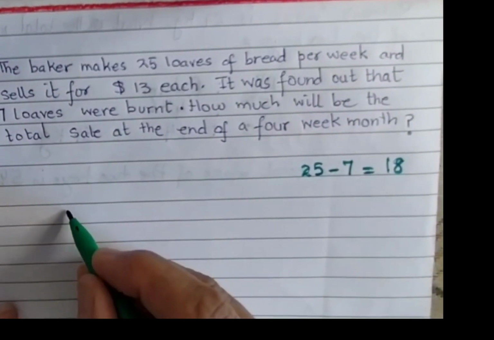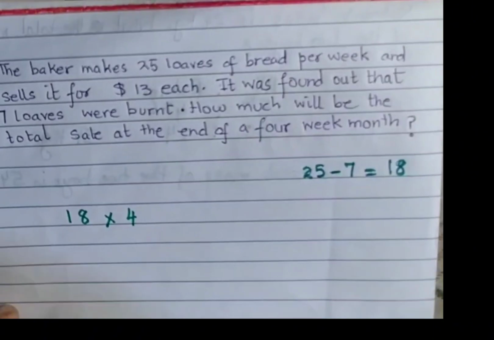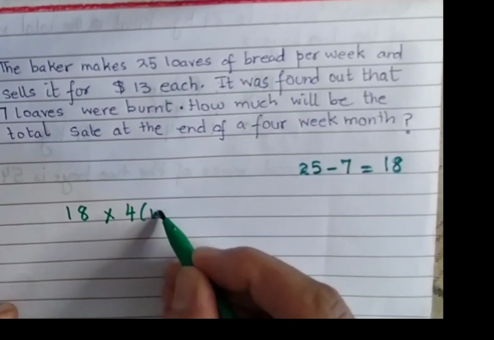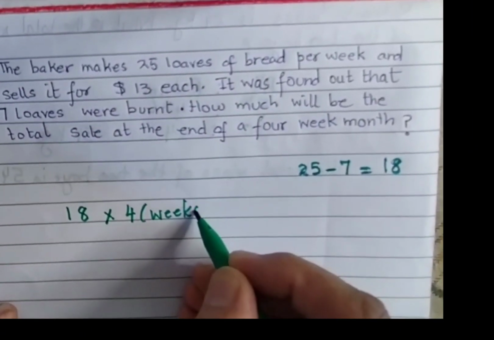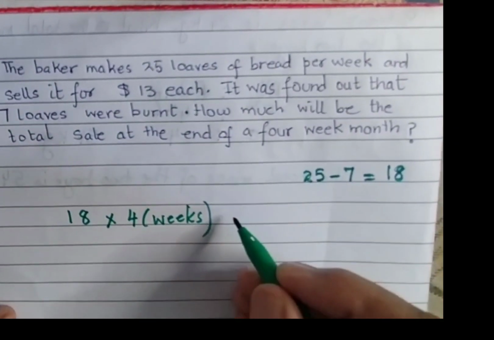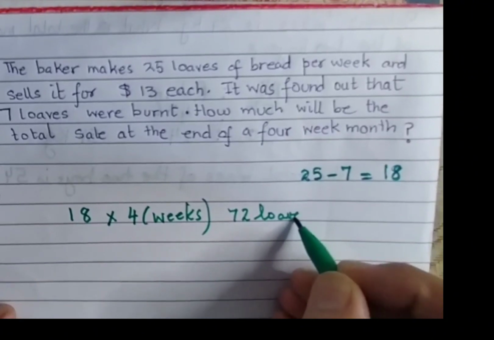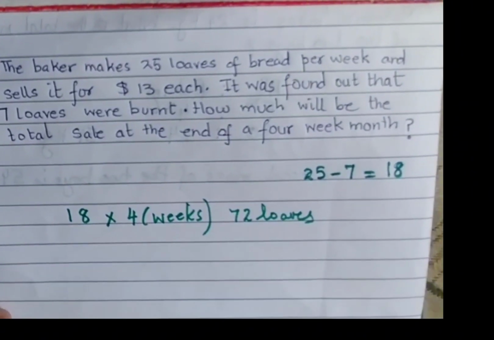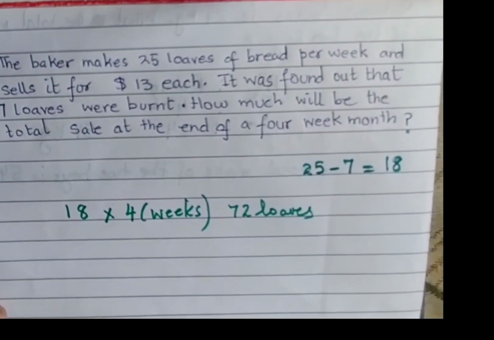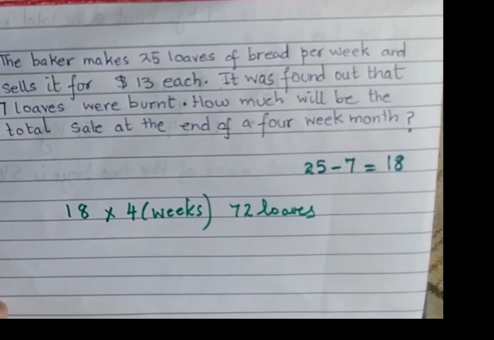So 18 loaves were there in how many weeks? 4 weeks. In 4 weeks, 18 loaves. So 72 loaves are made. Alright, for 4 weeks, 72 loaves were made or were baked.